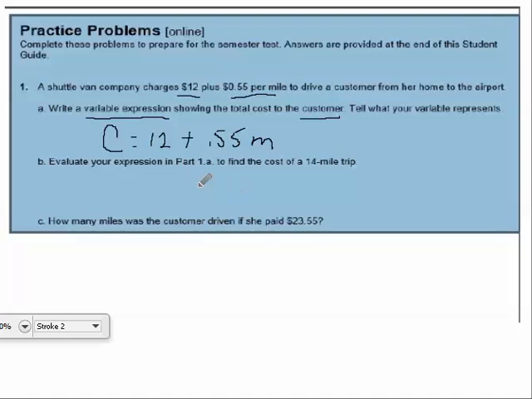Now the next thing here says to evaluate this based upon a 14-mile trip. Well, that's very simple to do. Our cost of a 14-mile trip is going to be equal to 12 plus 0.55 times 14. Now, I am not good enough to do that in my head.